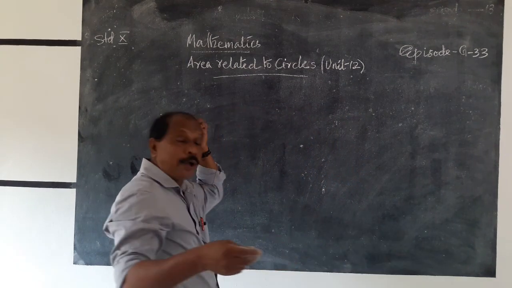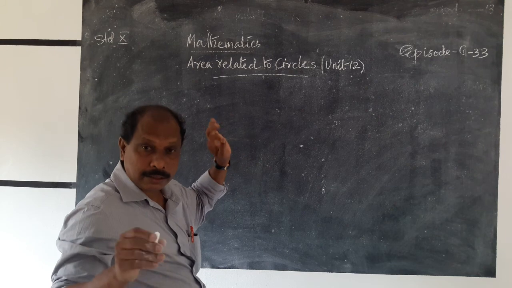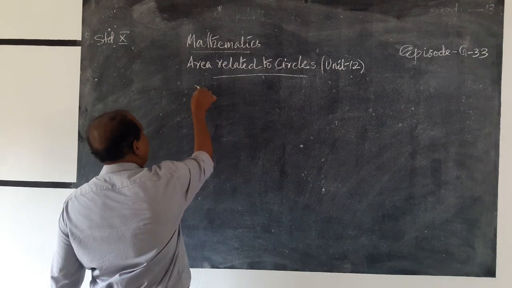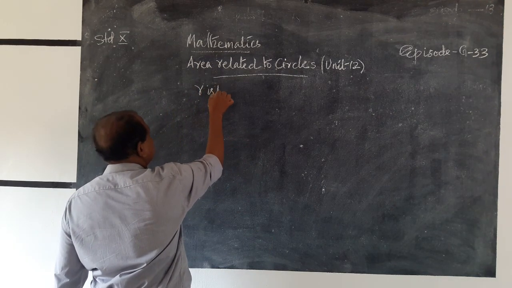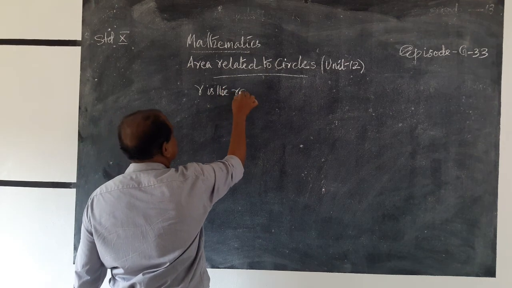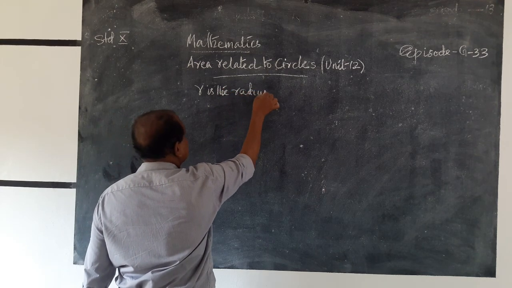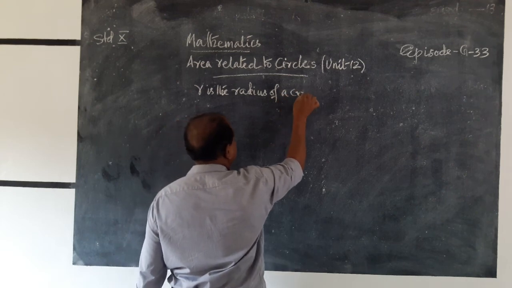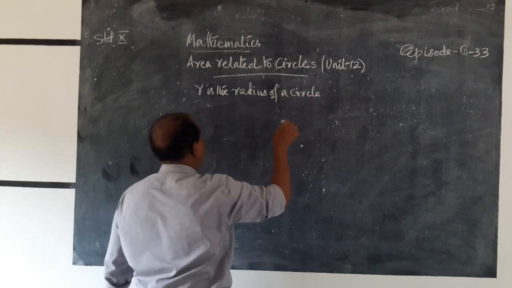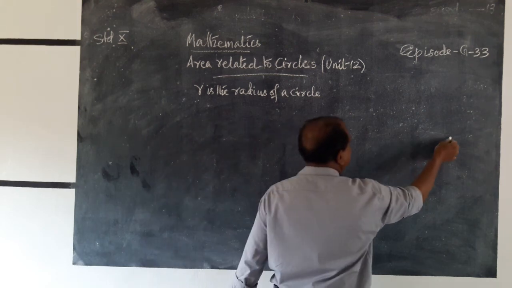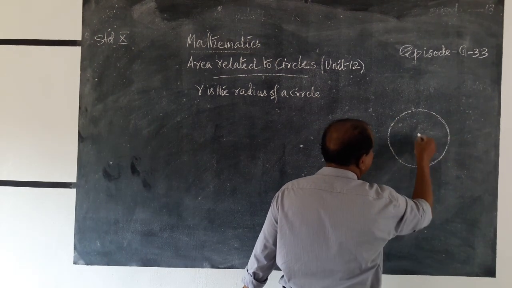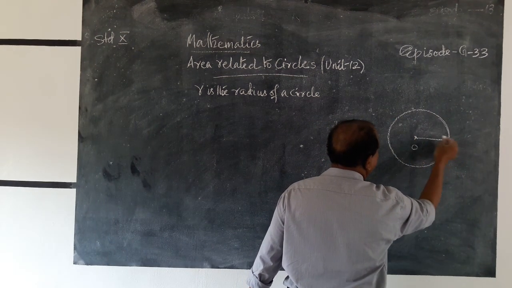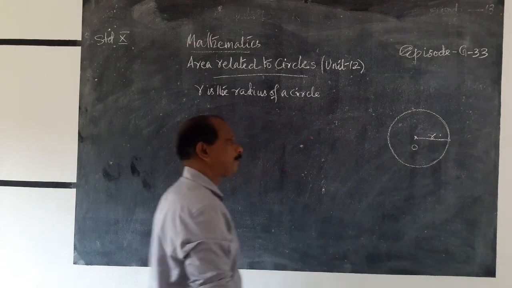So the key points of this chapter: r is the radius of a circle. This is a circle with the center O. OR is the radius.